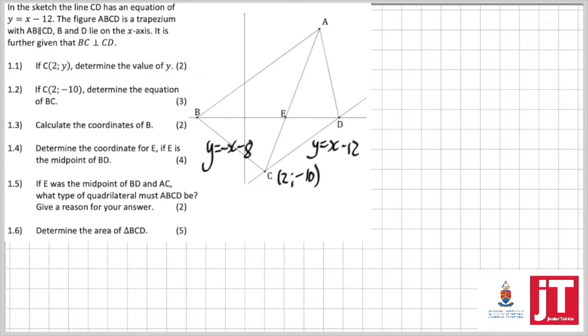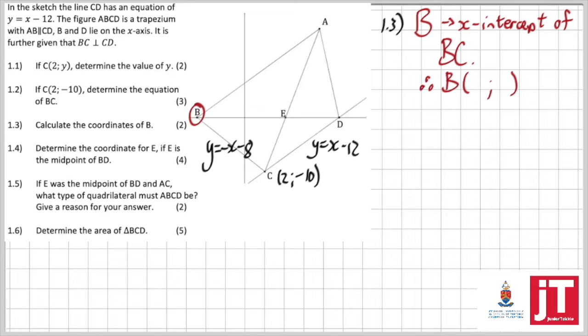So let's go to question 1.3. Now at 1.3 it says calculate the coordinates of B. Remember what you did just previously in 1.2. I now have the equation of BC. And B is specifically the x-intercept of BC, which means my y value is 0 as we hinted at earlier.